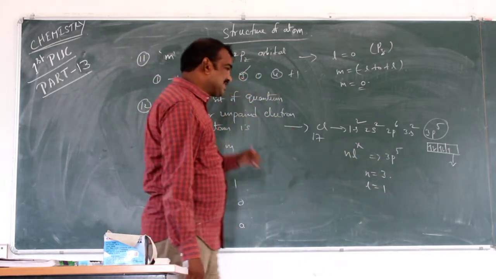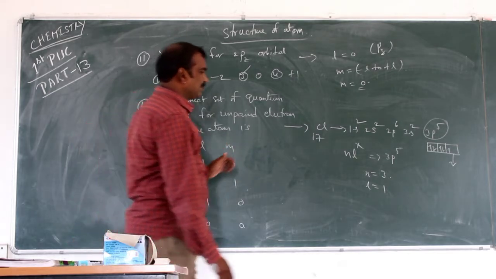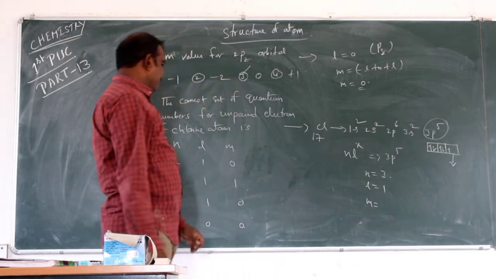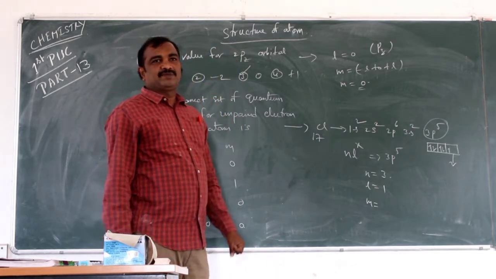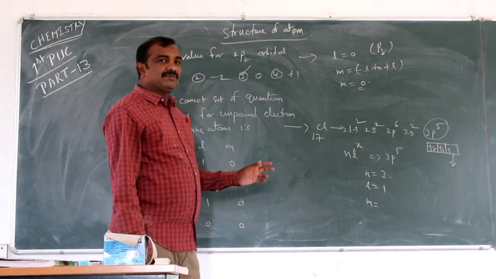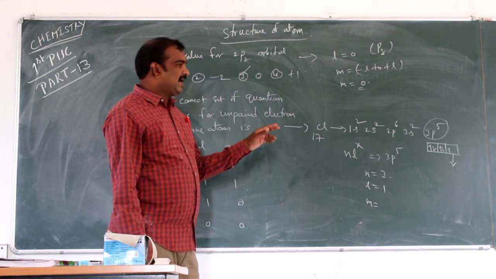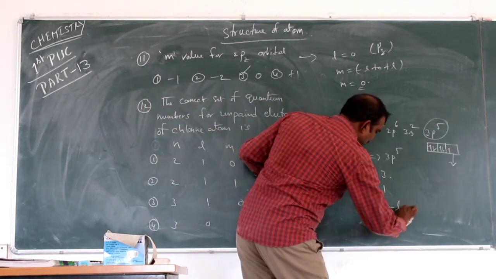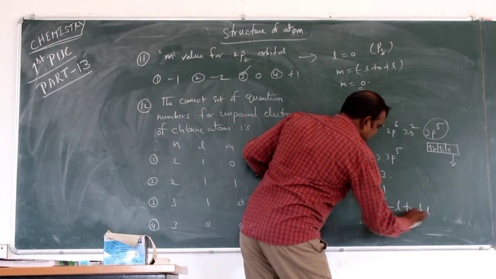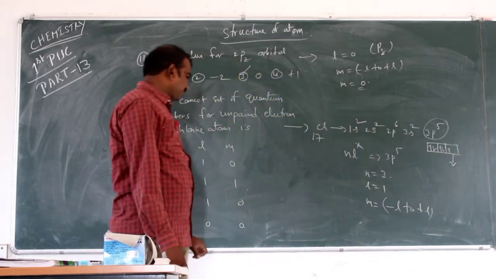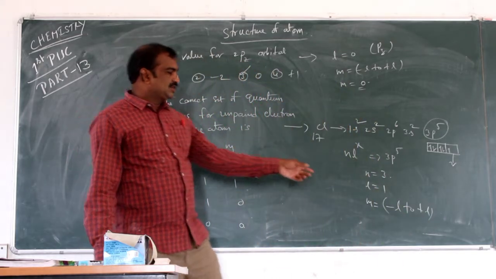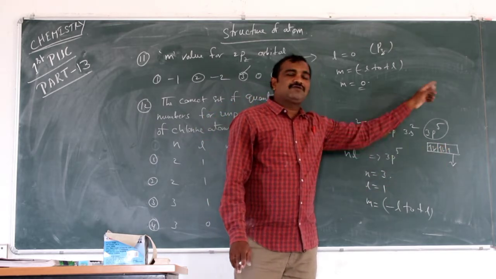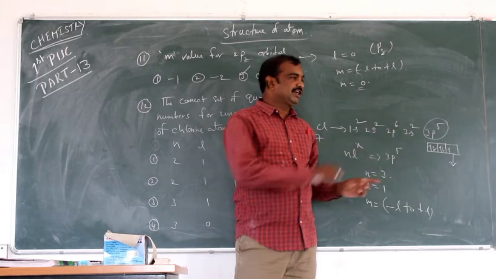Next, the quantum number m. How can you calculate m? What is the value of m? m will lie from minus l to plus l. Here the electron has a half spin, rotating in the clockwise direction.